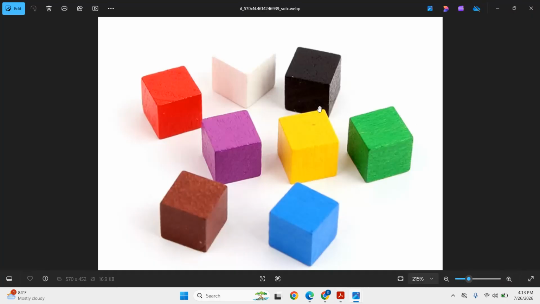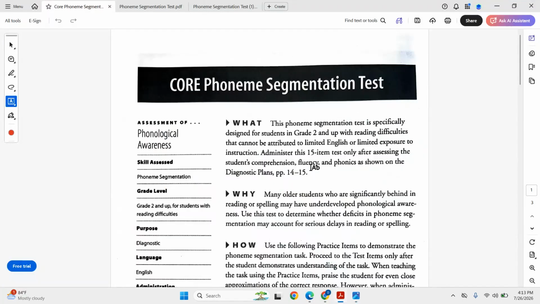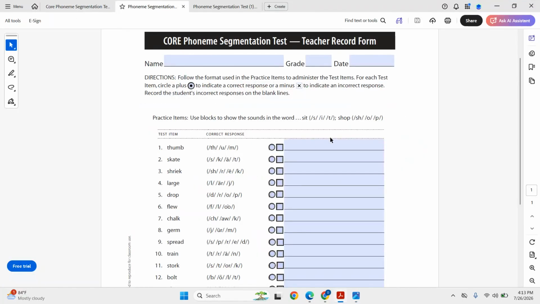Then you will also get your teacher record form, and that is what it looks like. And again, we're still looking at a 4th grade student as we get to the example. You will also need a quiet workspace free from distractions.